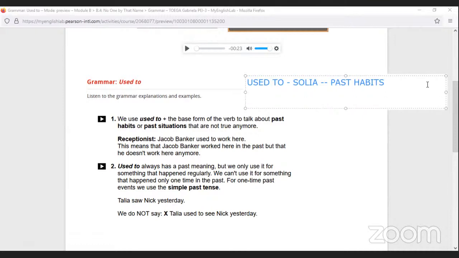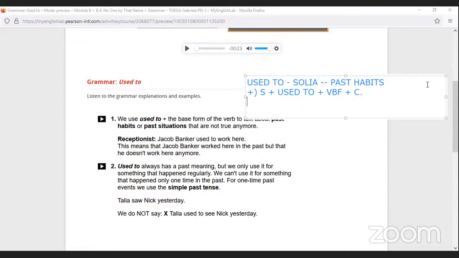So we have the structure in affirmative. When we have affirmative, we always use the subject and the auxiliary. This used to is considered an auxiliary. So I will use used to plus the verb in base form with the complement.